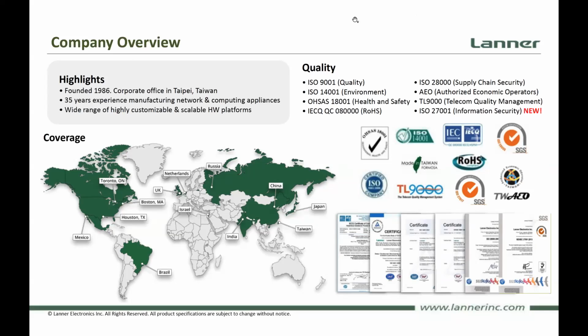Our manufacturing is in Taiwan with a global footprint through regional hubs. So in North America, we have local sales engineering, project management, customer service, and distribution centers in Canada and US. And we do have a satellite office in Mexico. And we obviously comply with the internationally recognized quality certification standards that you would expect from a global manufacturer. Next slide, please.